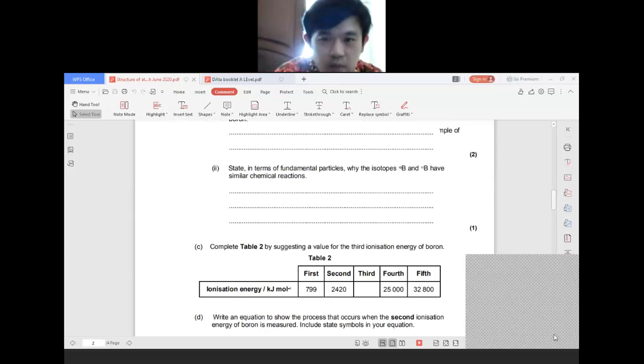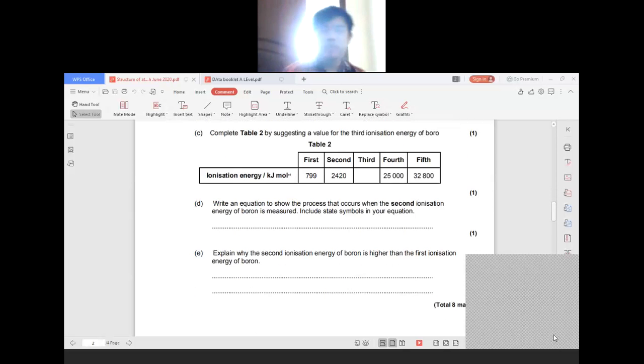Complete the table 2 by suggesting a value for the third ionization energy of boron. So remember this one. First is 799, second 2420, and then the third is still blank. The fourth is given 25,000.